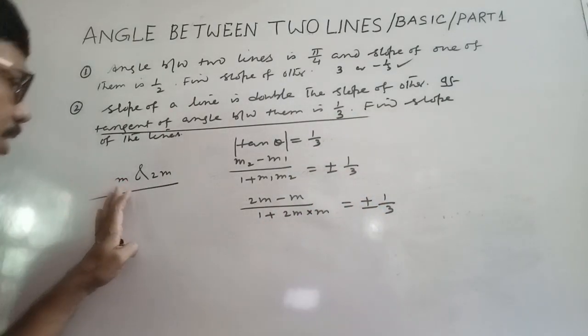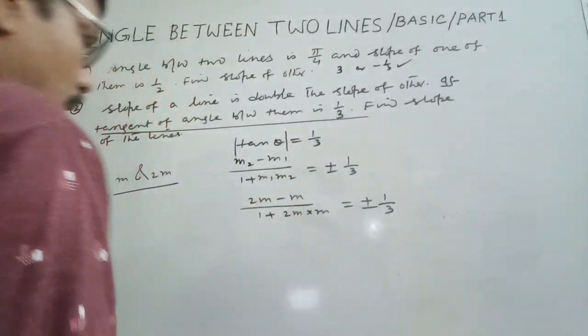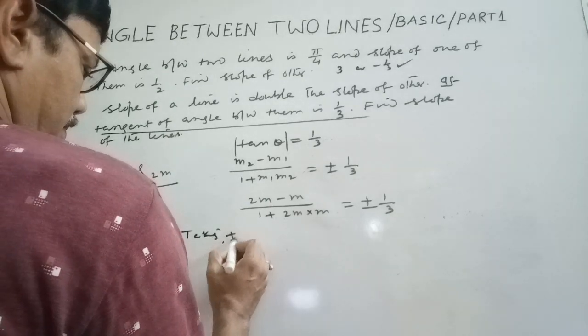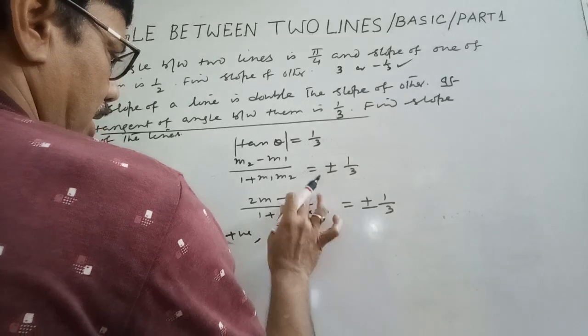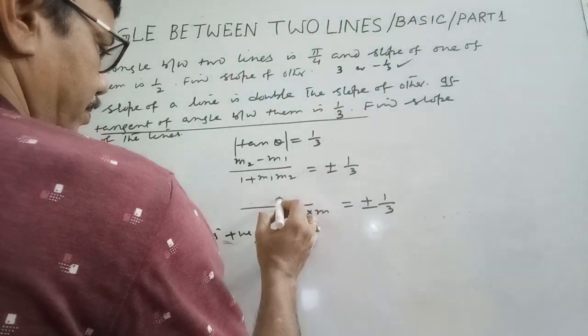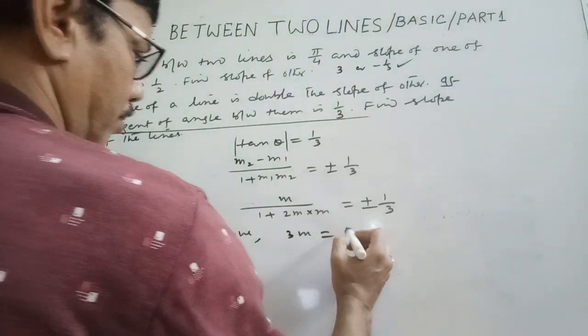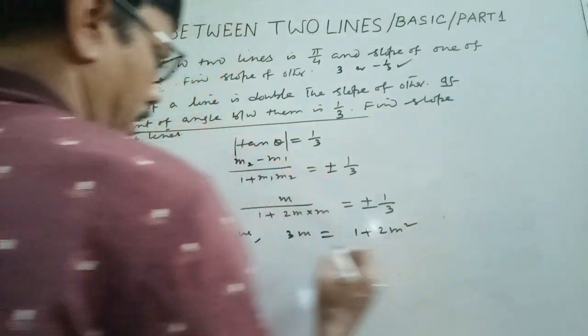The slope of one is double the other, that is why 2m and m. So taking the positive sign, 3m equals 3 into m, with 1 plus 2m square.